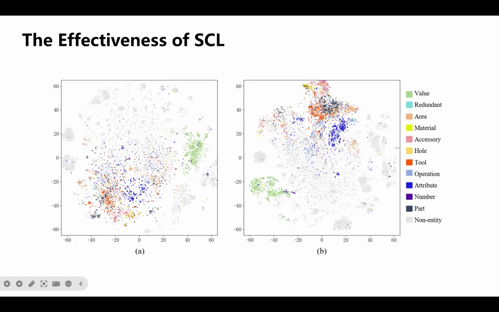We also explore why adding the SCL objective is better than only the entity-oriented LM by visualizing representations. We train PLM on a 5-shot setting and use t-SNE to project the high-dimensional representation into 2 dimensions, where the high-dimensional representations are the last hidden representations from PLM.